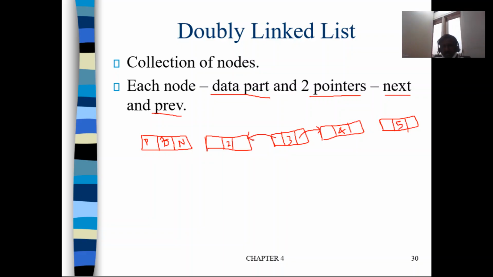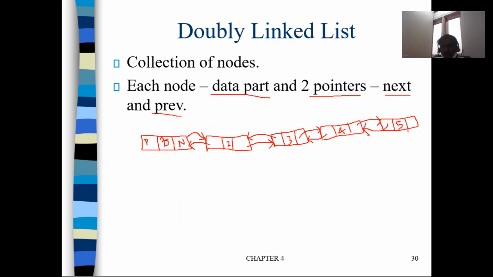Similarly, node 4's next pointer will point to node 5, and node 4's previous pointer will point to node 3. Node 2's next pointer will point to node 3, and node 2's previous pointer will point to node 1. Node 1's next pointer will point to node 2, and node 5's previous pointer will point to node 4.